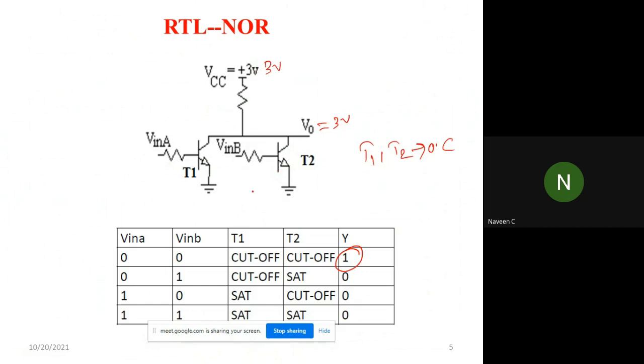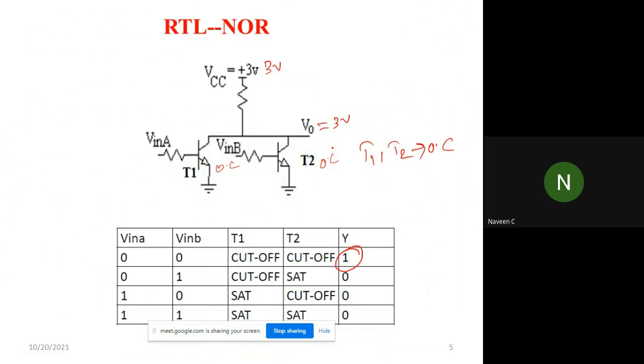So you should avoid the voltage flowing through your transistor to ground. You can avoid it only if you open your transistor. Opening a transistor is nothing but the cutoff region. We can say the transistor is open whenever it is in cutoff region.